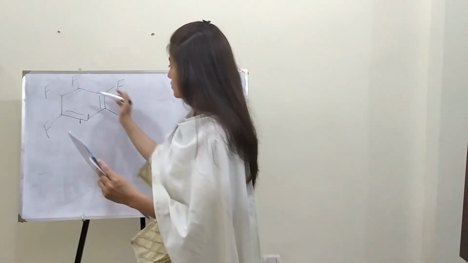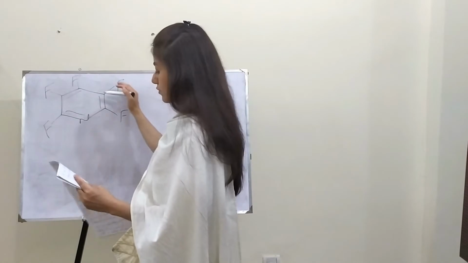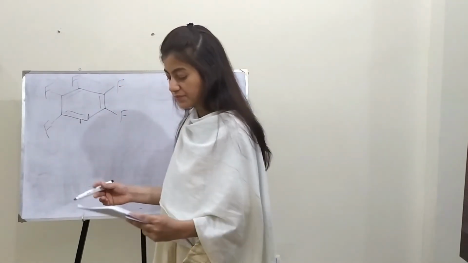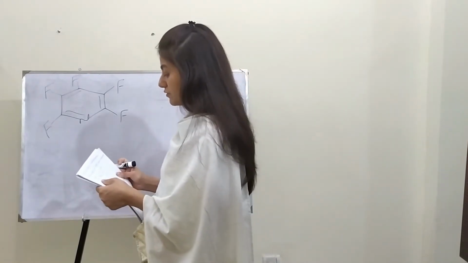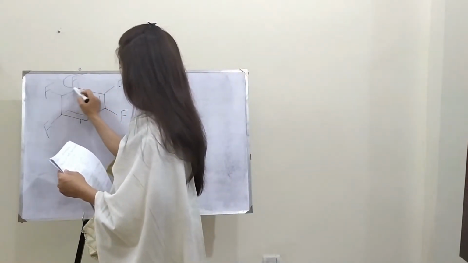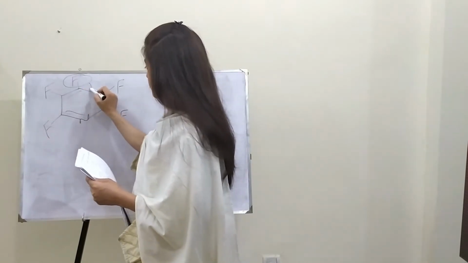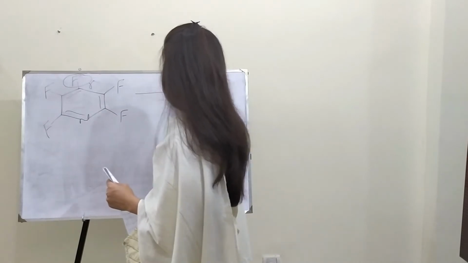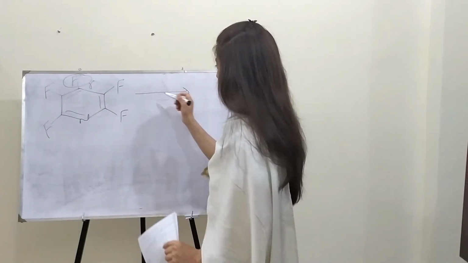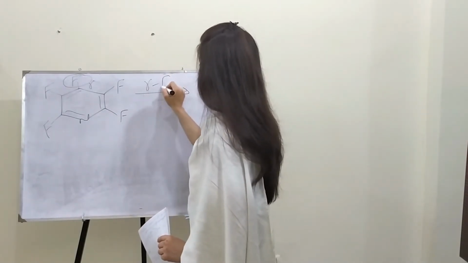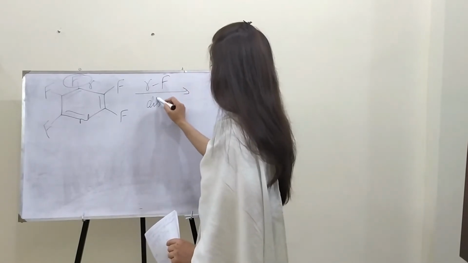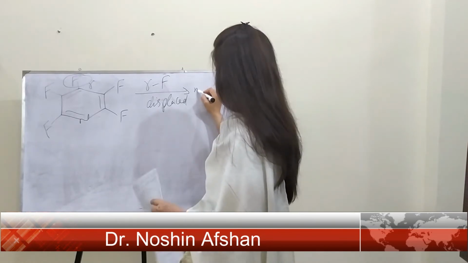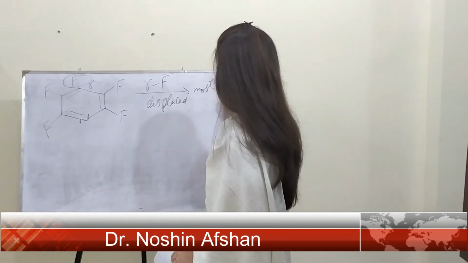So in this case, out of all these 5 fluorines, and its name is pentafluoropyridine, the gamma fluorine, this one at gamma position, is displaced more rapidly. The gamma fluorine is displaced most rapidly.